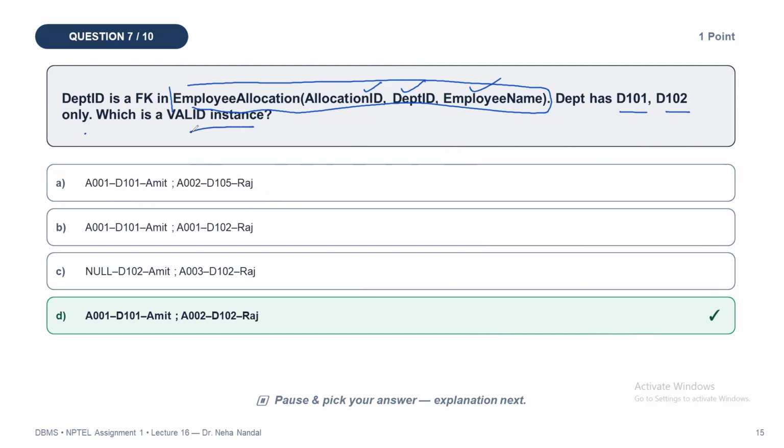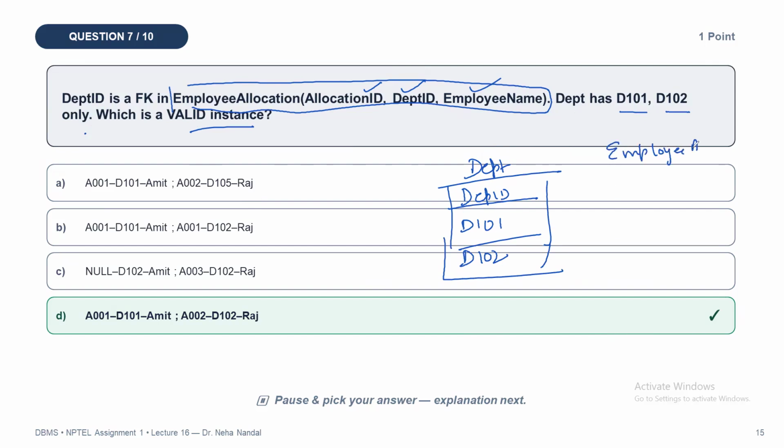It is asking, okay. So if the department has only two IDs, D101 and D102, only these two departments are available. Then employee allocation has allocation ID, department ID, employee name.